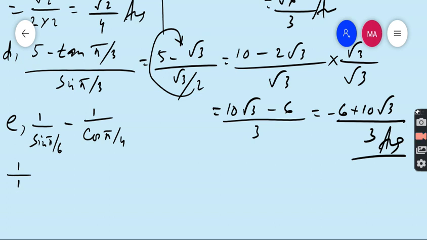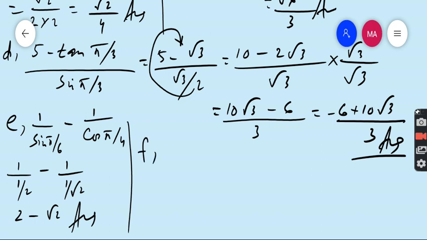One upon sine pi by 6 is 2. 1 upon cos pi by 4 is root 2. So 2 minus root 2 is the final answer. This is a very easy part. Last part, F.